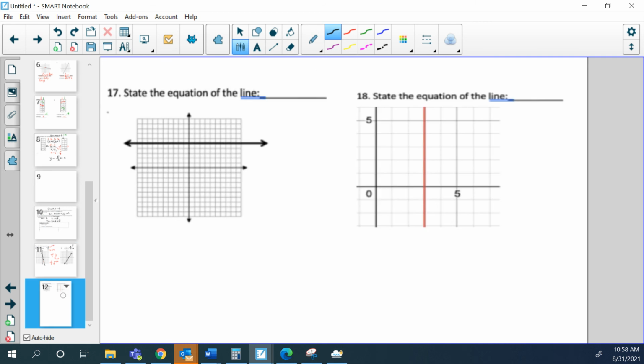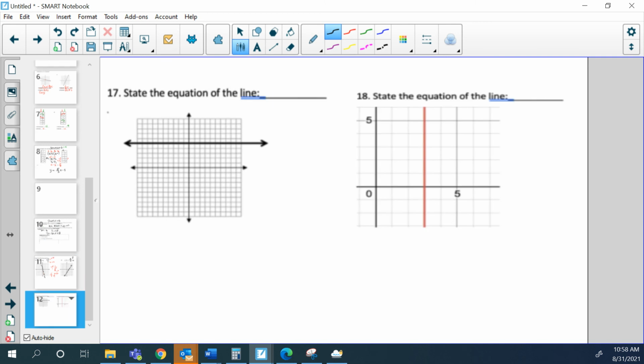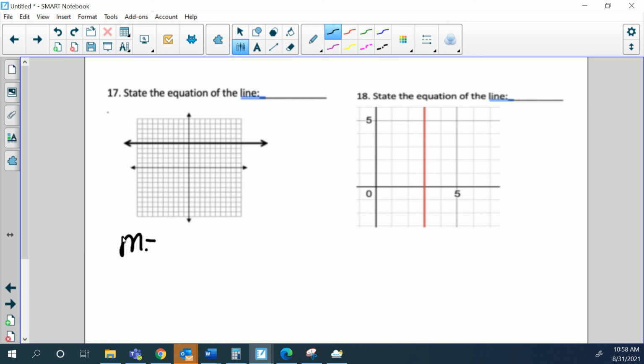And then the last slide here, we have a horizontal line, right? So we know m is going to equal 0, and the equation is y equals the number where it crosses the y-axis, and that's going to be 1, 2, 3, 4, 5.